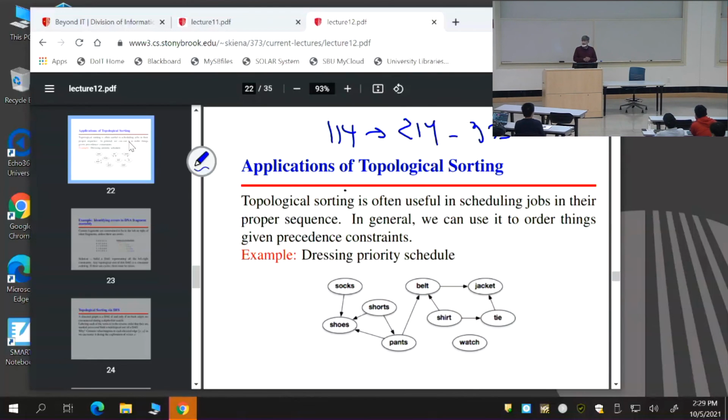Okay? Any questions about that? Any kind of precedence world has these, wherever certain jobs have to be done before certain other jobs. Unless it's a DAG, you're going to get into problems.